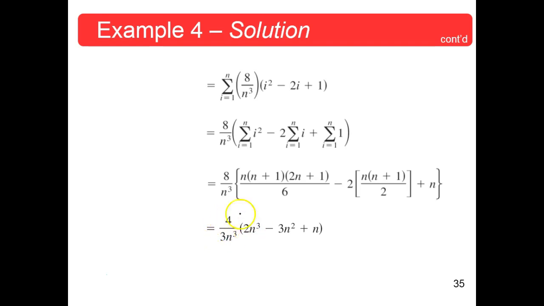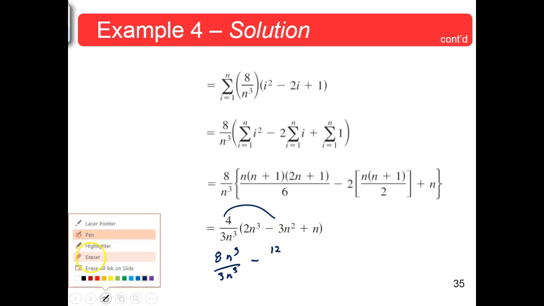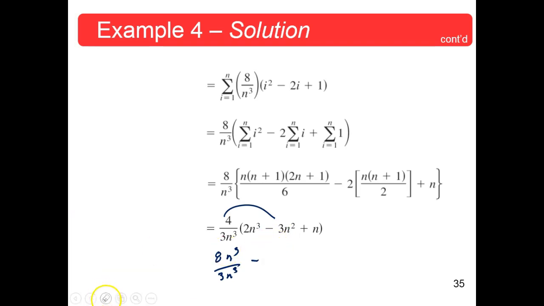Let's take a term at a time. Distribute this across: that would be 8n cubed over 3n cubed for the first term. The 3's will go out, and that gives minus 4n squared over n cubed.